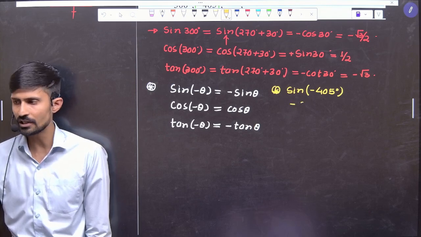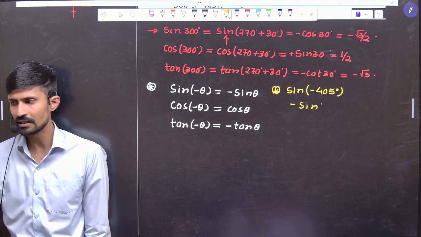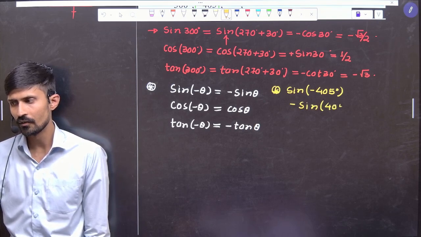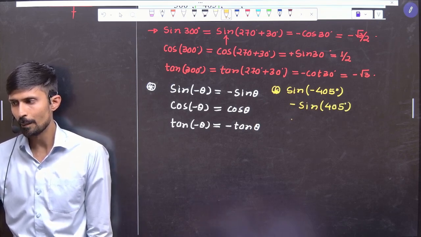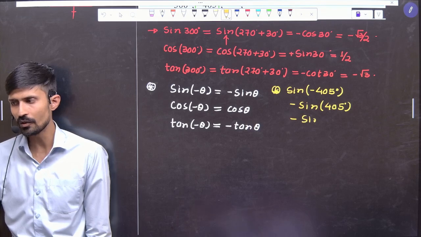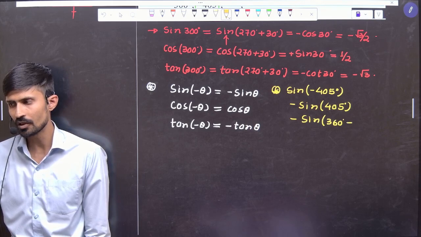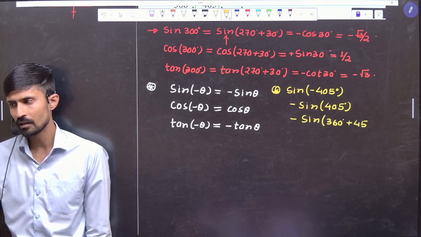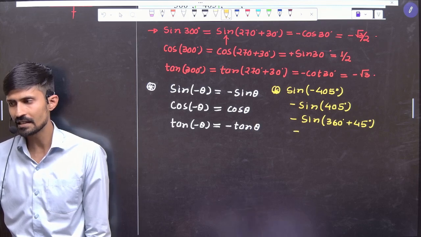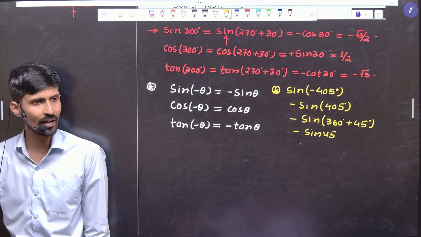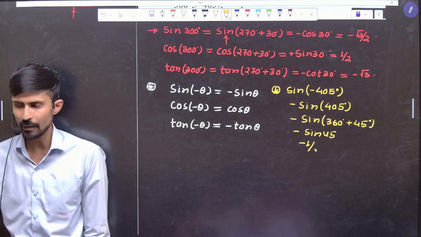Minus will come outside sine, yes or no? And this will become 405 degree. Minus I will write as it is. How do you write 405 degree? Don't you think 360 plus 45? And that will become minus sine 45, yes or no? And sine 45 is 1 by root 2. So this will be minus 1 by root 2.